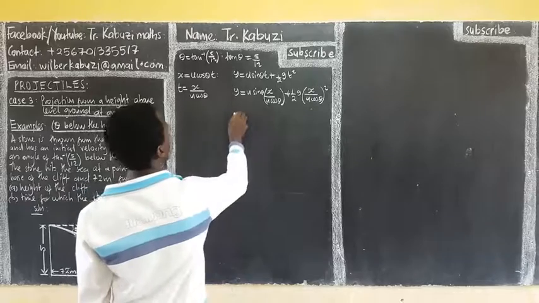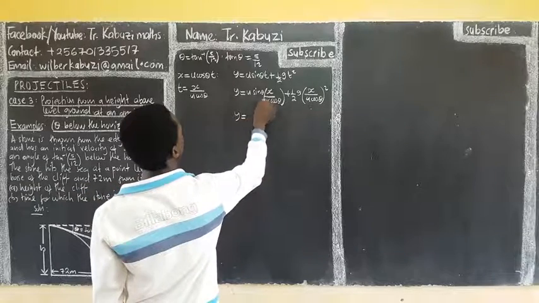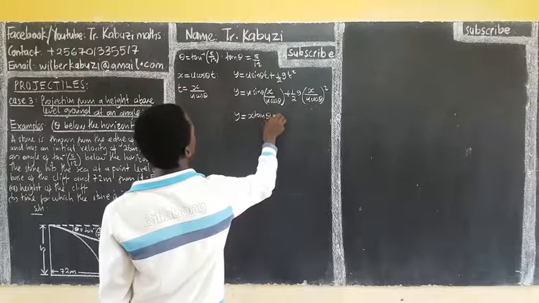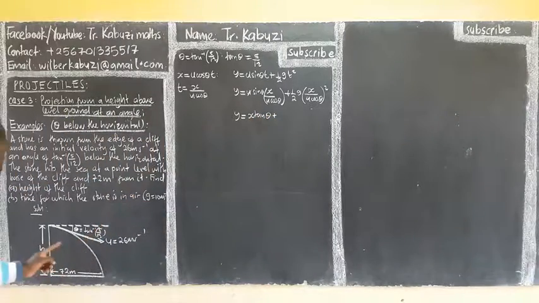If we simplify that, this one will cancel. This will give us x tan theta, then plus, now here the gravity is positive. Why? Because from the initial point it's just falling, but if it's going up, like when the angle is above, that will be negative because it is first positive.